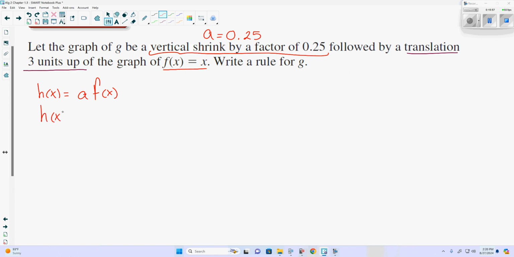Our next step is just to replace a with its value. So that'd be 0.25 times f of x. Now, unlike the last one, do we still have f of x? No. So all we have to do for this one is just replace it with what it's equal to, which is just x.